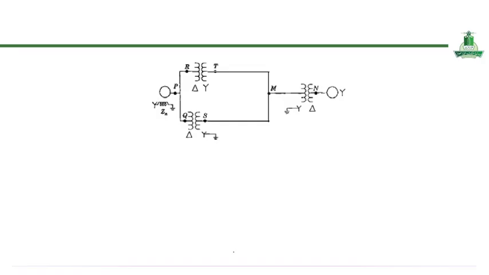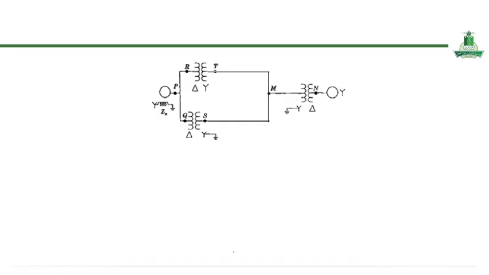This slide illustrates a single line diagram of a small power system along with its corresponding zero sequence network, which is essential for analyzing unbalanced faults, such as single line to ground faults.